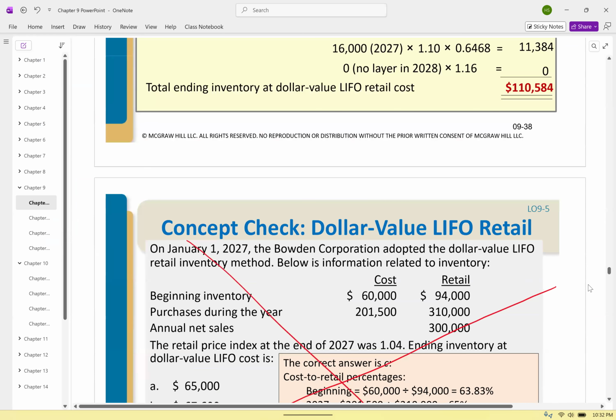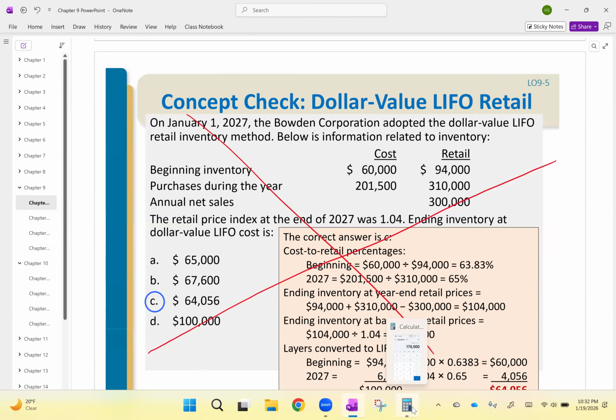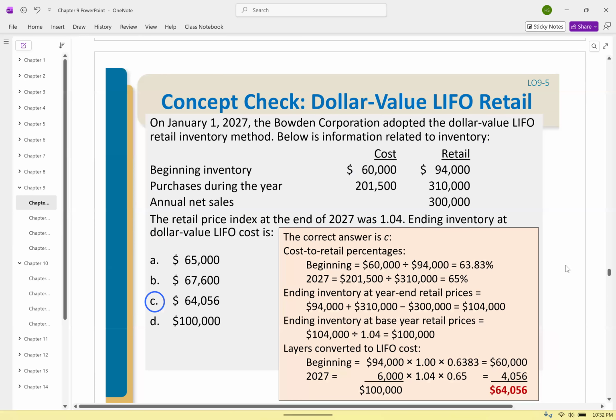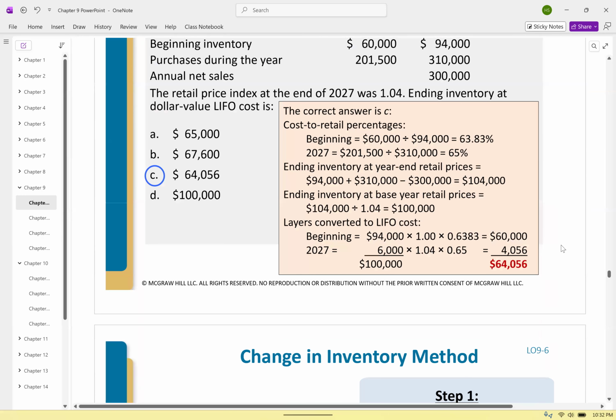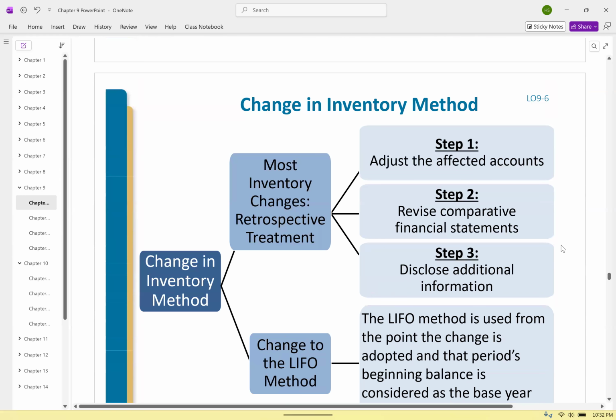All right, we are moving right along. Y'all can pause the video and do this one if you would like. Let's talk a little bit about change in inventory method. Most inventory changes are retrospective.